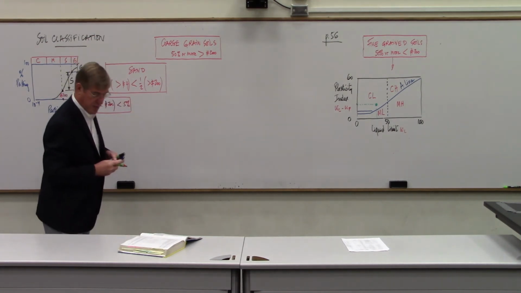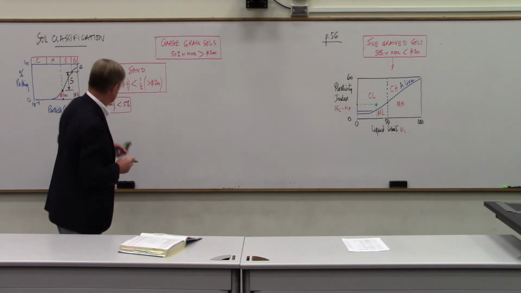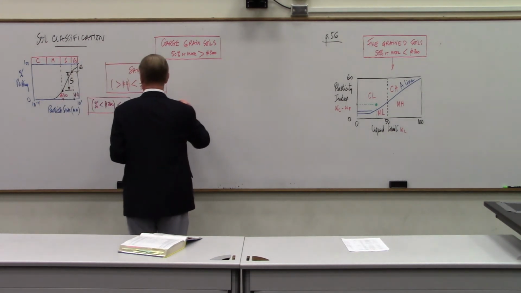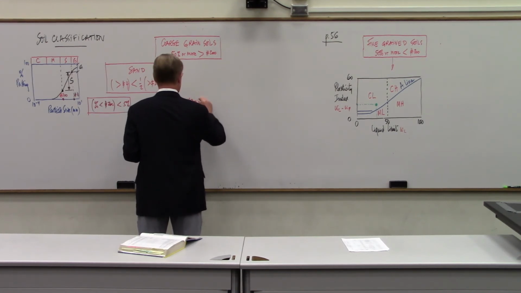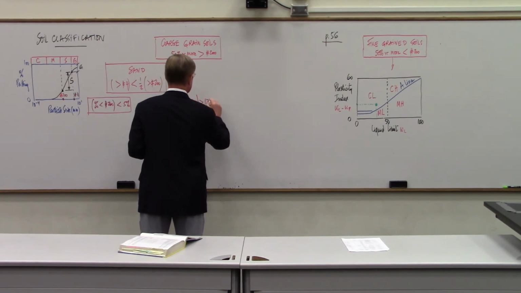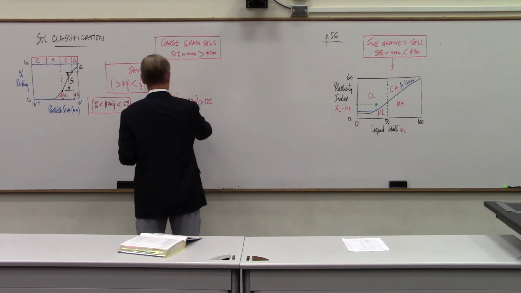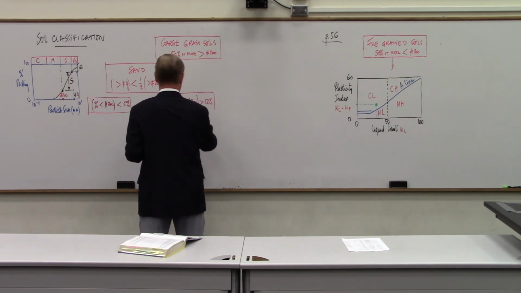And then there will be another case for if the portion passing 200 is more than 12%. So that's another decision box.